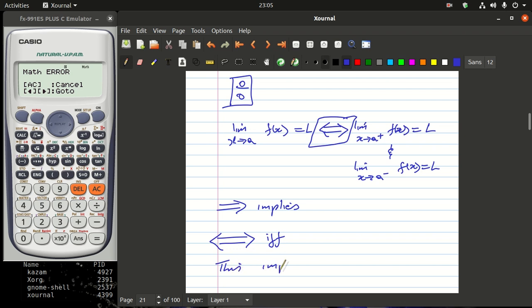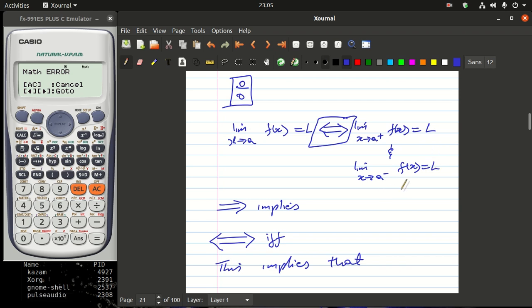So this arrow going this way says that this thing implies that thing. If this one happens, it means that this one happens. Once you know the limit is equal to 5, it means the limit of this must also be equal to 5, and the limit of this must also be equal to 5.